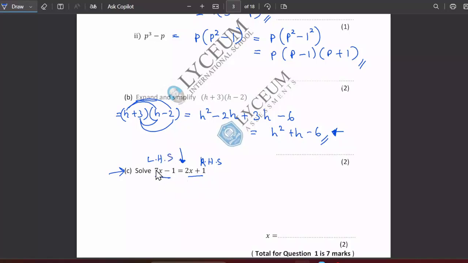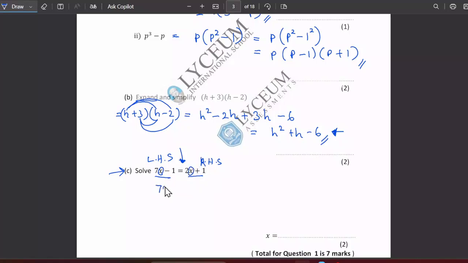Now if we want to find the value of something that we don't know, for example, we can say x. We don't know the value of x. That's the variable present in this equation. So to find the value of x, we have to keep all the x terms on one side and numerical terms on the other side.